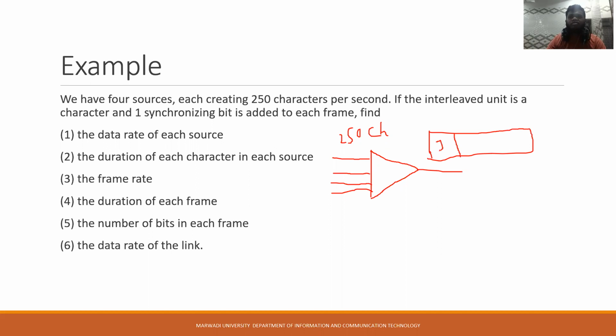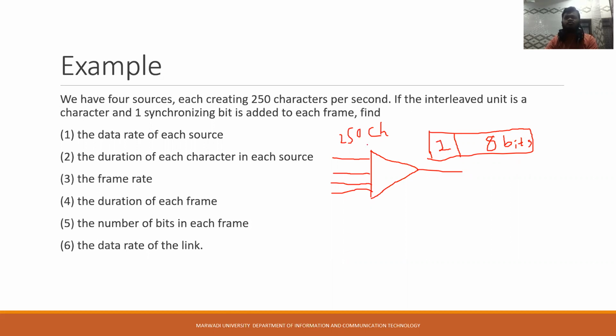So let's say this is the synchronization bit, and then one character is the unit. One character means 8 bits. So the total frame size would be 8 bits plus 1 bit. So the size of each frame would be 9 bits.